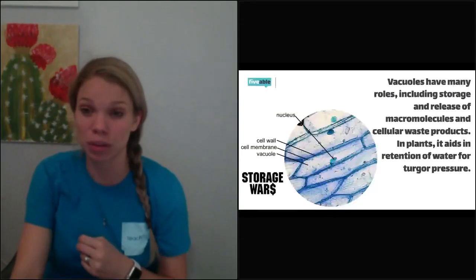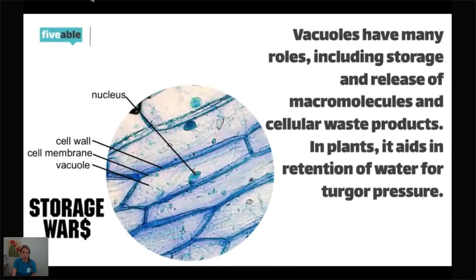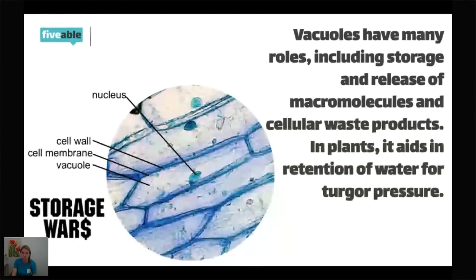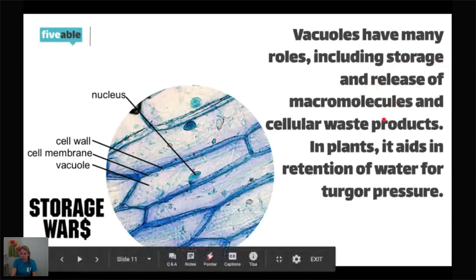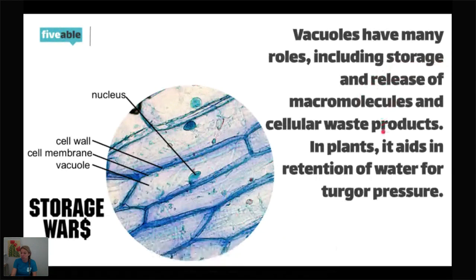So vacuoles are going to be really important in water, which was mentioned earlier. But they are going to be important not just in plants, but also in animals. They can be used to store and release macromolecules. So there's not just a drought coming, there's a famine coming.